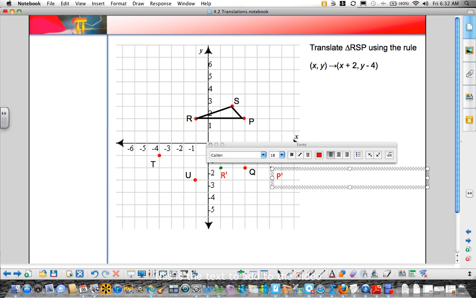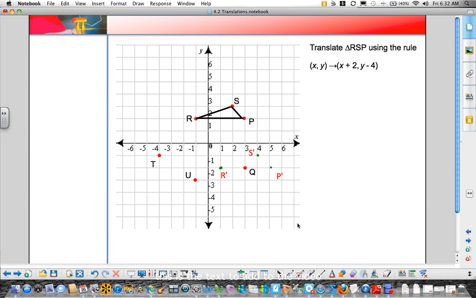Perfect. Now all we have to do is connect the dots, and we have our transformed triangle. It happens to be on top of a couple points, but I know that it looks right because its size is the same, and I know that a translation is an isometry.